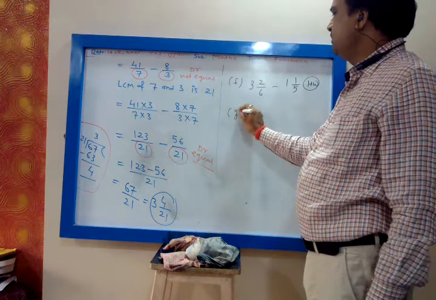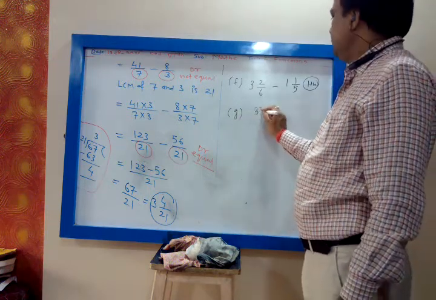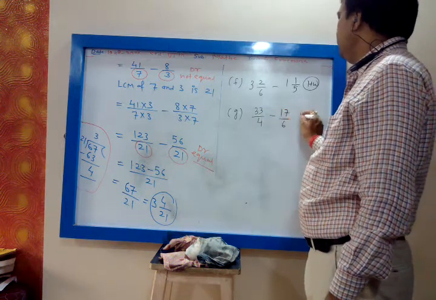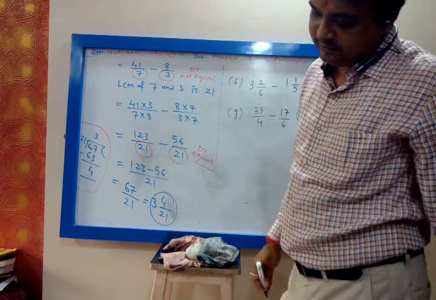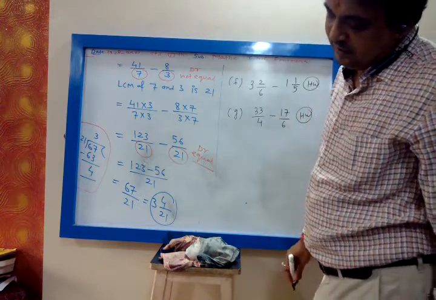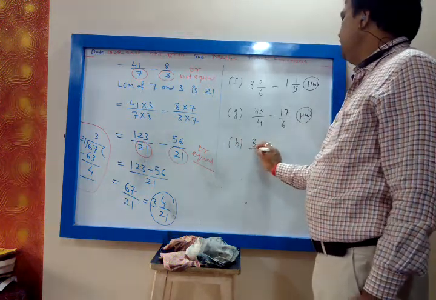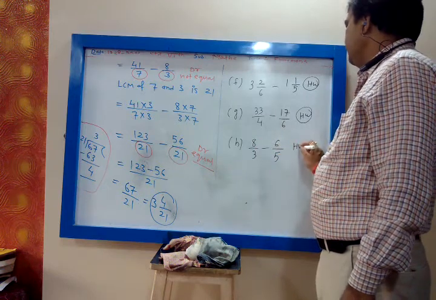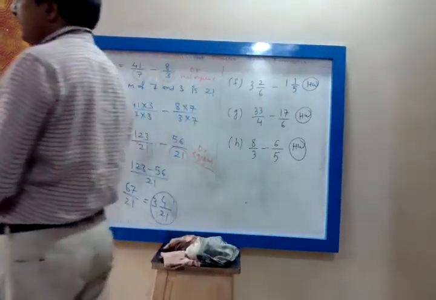Then G: 33 by 4 minus 17 by 6. You take the LCM of 4 and 6. Homework. Then H: 8 by 3 minus 6 by 5. You will take the LCM of 3 and 5. Homework. Okay. So this completes our subtraction.